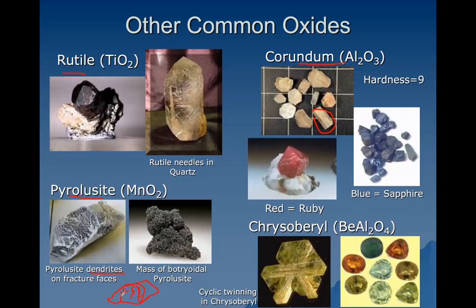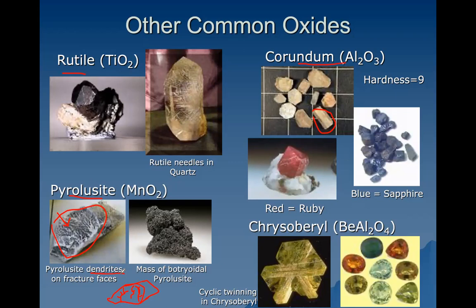So these are dendrites. You can see dendrites here, the tree-like features in this region. See, branching is available. So that is pyrolusite, mostly pyrolusite. It's manganese oxide.